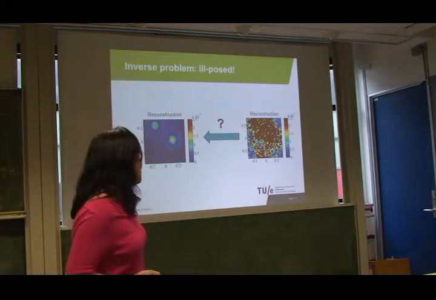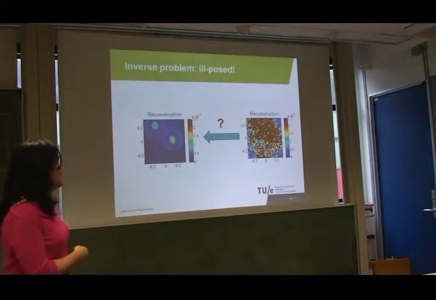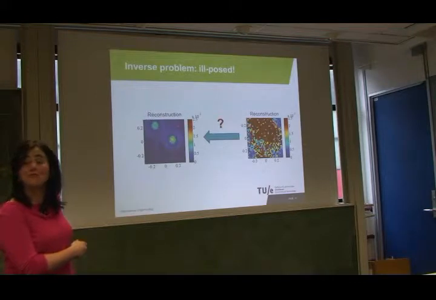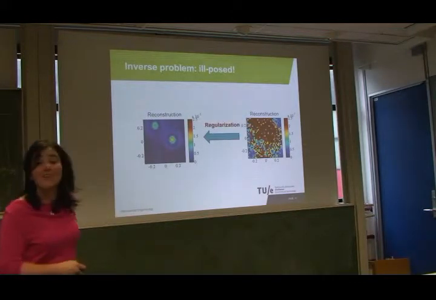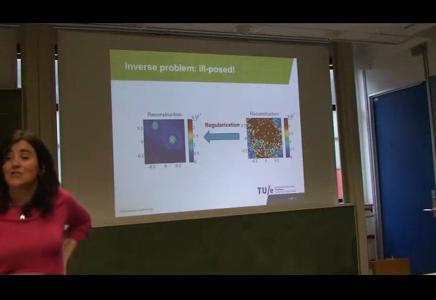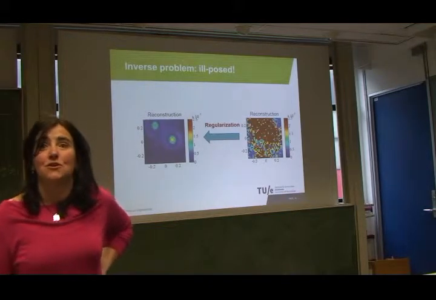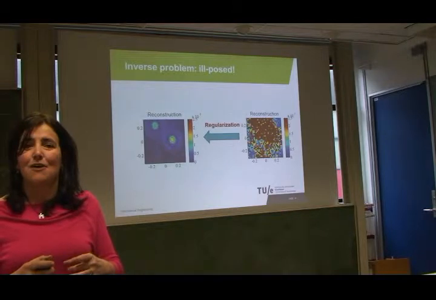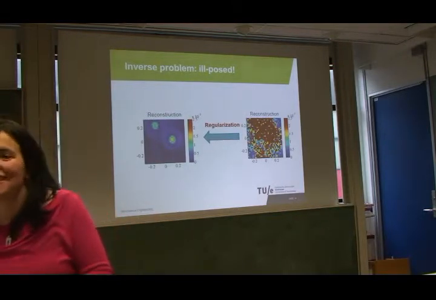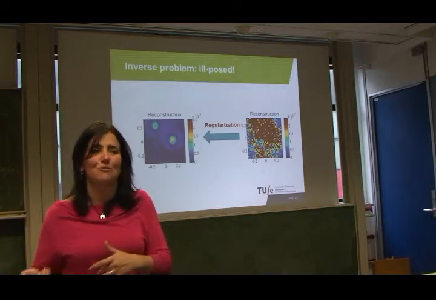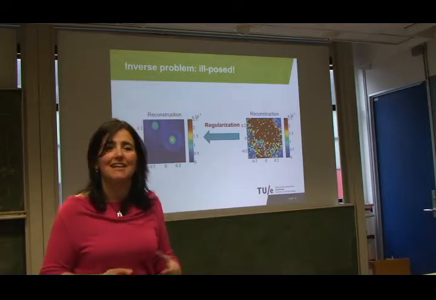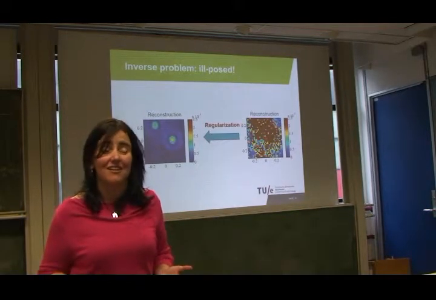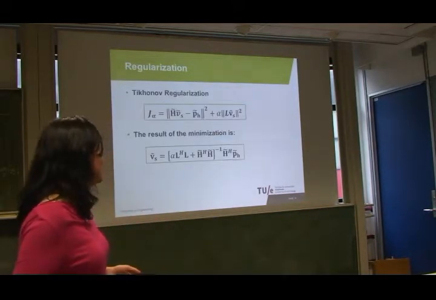So what one needs to do to find this, which is what we want to find, is regularize. So regularization, the problem of deciding how much we want to throw away, how much do we want to keep, is common to all near-field acoustic holography methods.